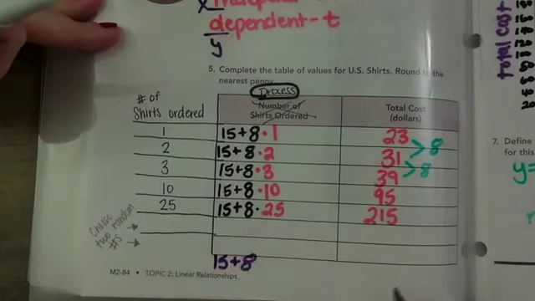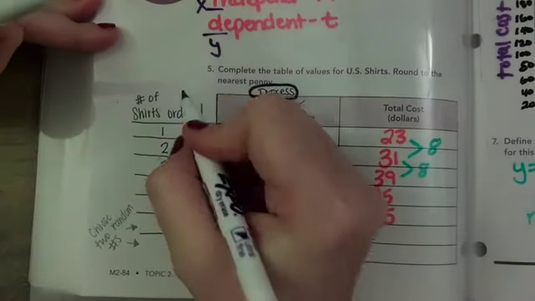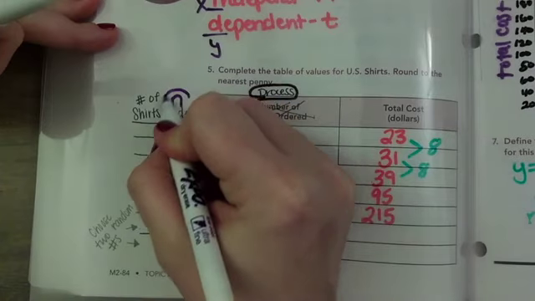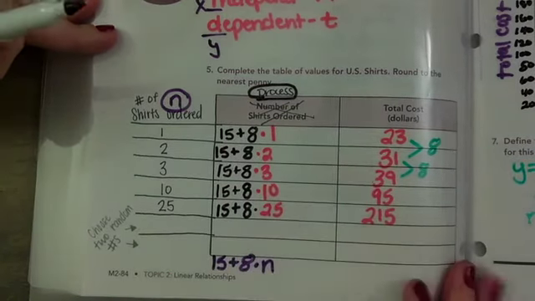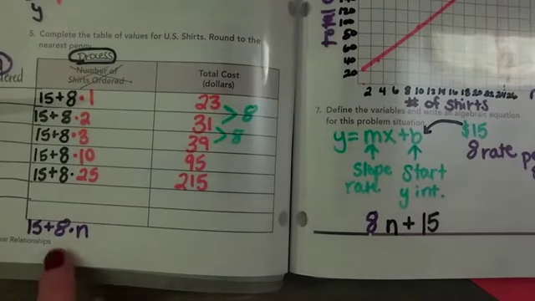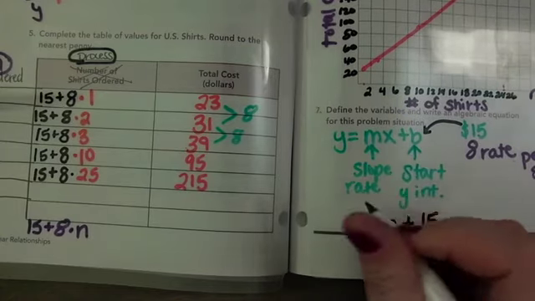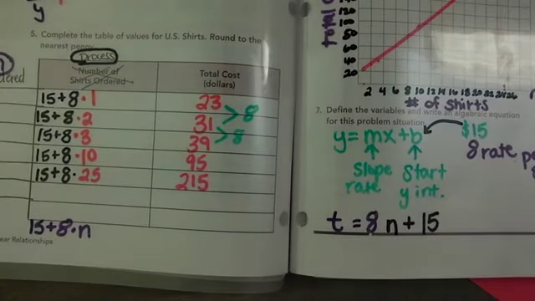There was always an 8. Notice, where did these 1, 2, 3, 10, and 25 come from? They came from the N, number of shirts. That's why we multiplied by N. Notice I just wrote it in a different order. We still multiplied by 8, and then we added 15, equals the T, which is the total cost.